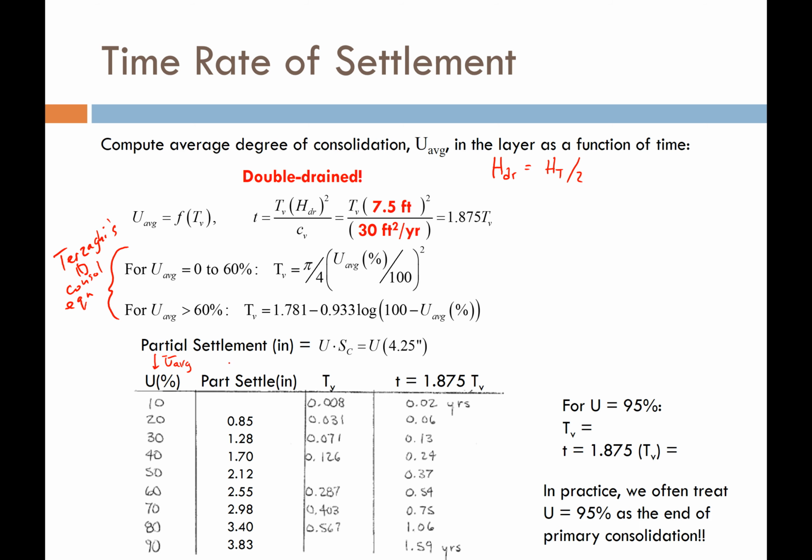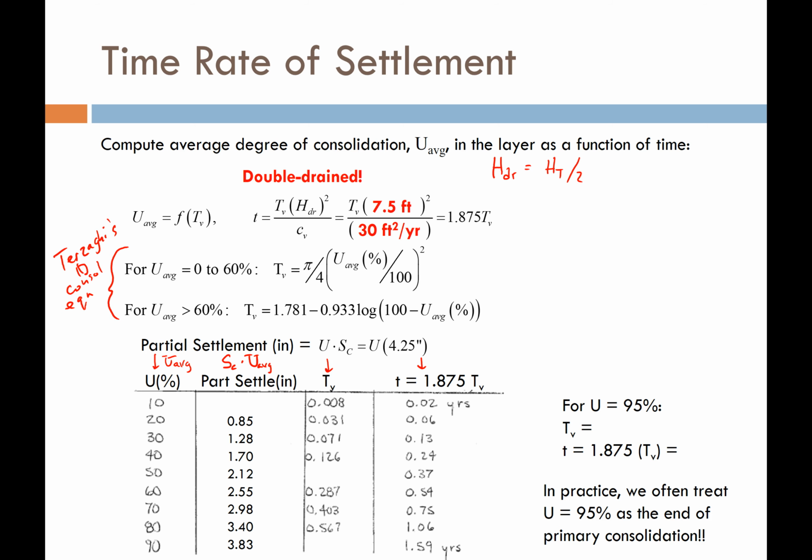This is simply equal to primary consolidation times the average degree of consolidation. And this is our time factor right there, and then this is the time for that settlement to occur.